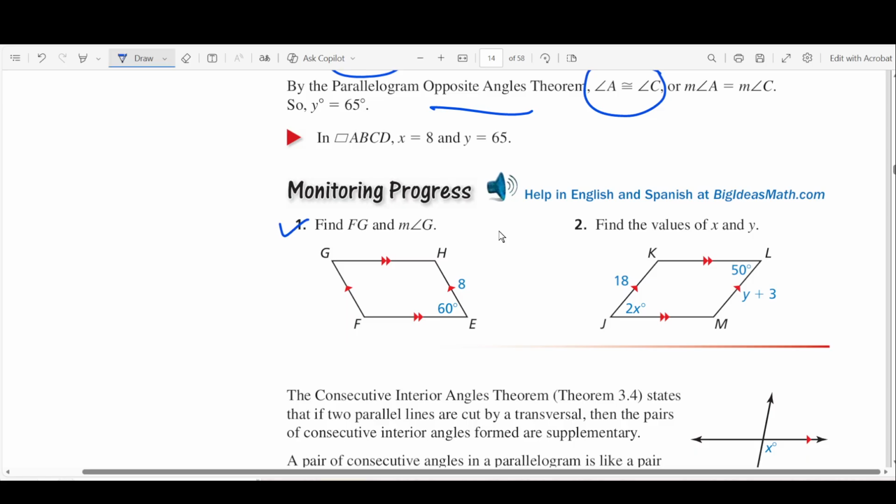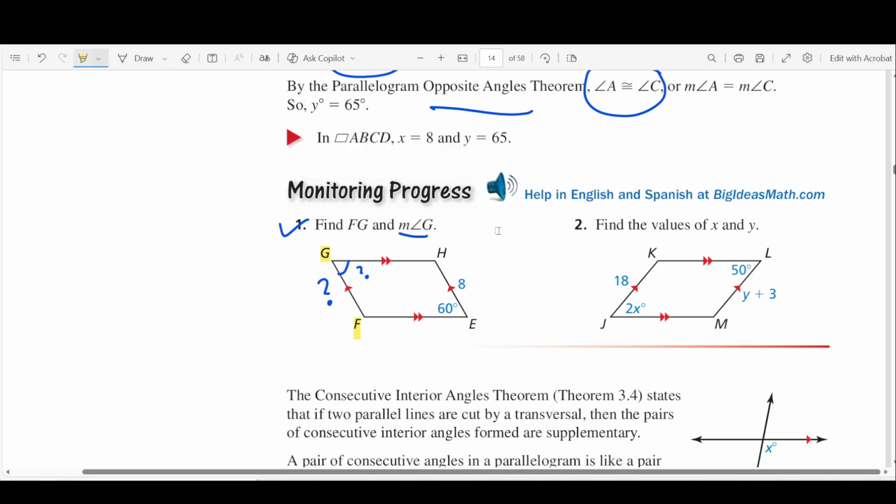Can you try this? Find FG and the measure of angle G. If E is 60, then G is also 60. FG is a side, not an angle.